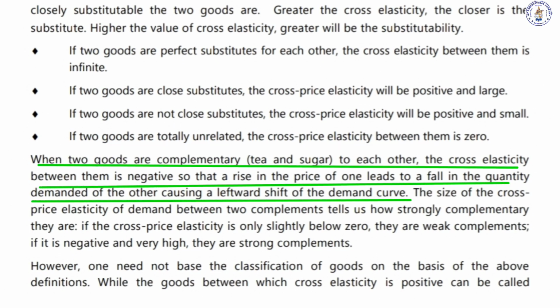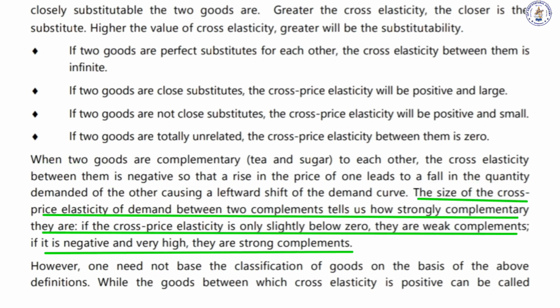If two goods are complementary, then the cross elasticity of demand is negative. That is, an increase in the price of one results in a decrease in demand of the other. So the demand curve shifts leftward. At the same time, the size of EC tells us how strongly the products are complementary to each other. If EC is slightly less than 0, they are weak complements.